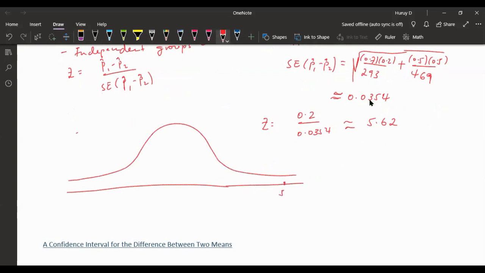So if 5.62 is on this side, this is half of my p-value, and the second one is on this side, below negative 5.62. So I just need to find this part. The p-value will be 2 times the probability of z greater than 5.62.